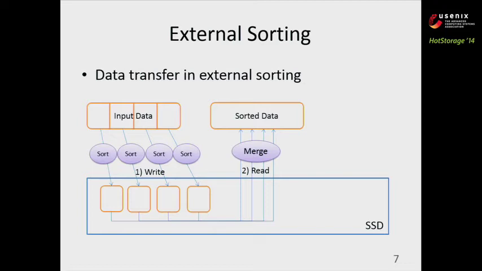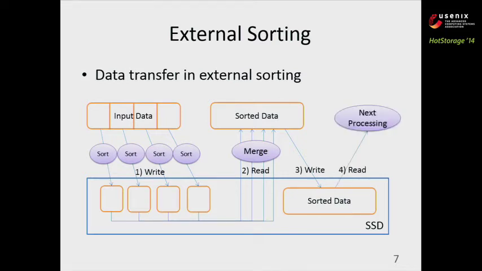The final sorted data is written back to the disk. Finally, the sorted data is read again for use in the next processing. As you can see, there is a lot of data transfer since external sorting writes intermediate data and the result to the disk. Even if the page cache is used, there is a double amount of writes.